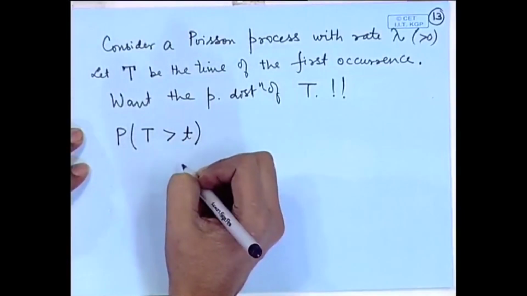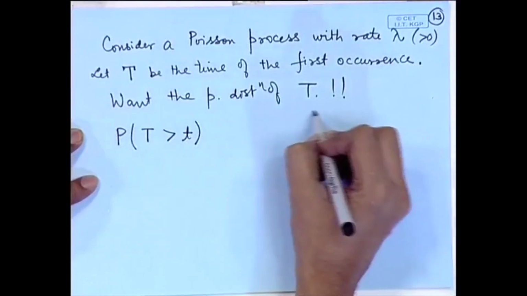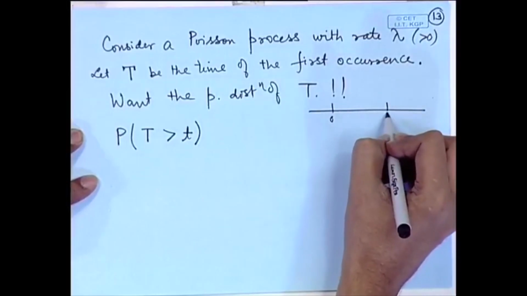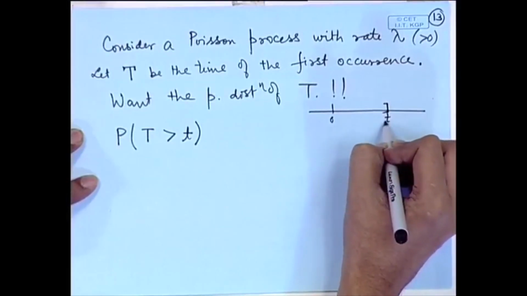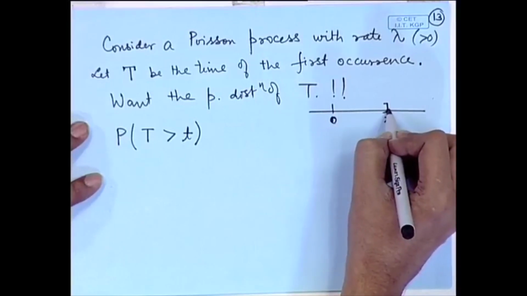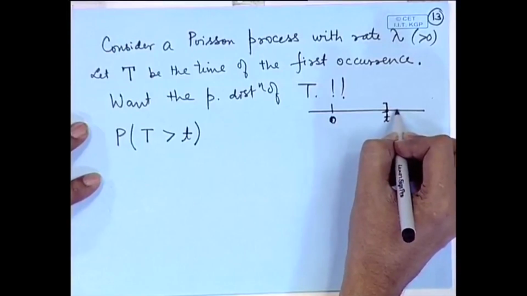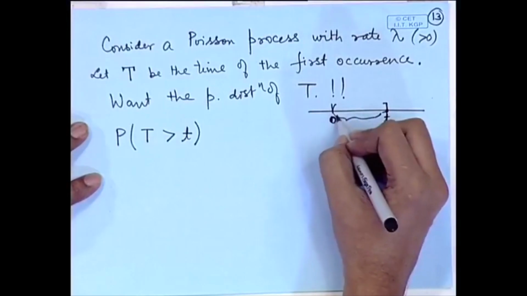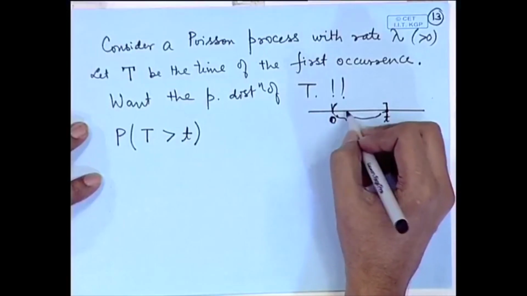What does it mean? That means, if we are observing the process from time 0, then up to time small t, that event has not taken place. That means, in the interval 0 to t, the number of occurrences is 0.